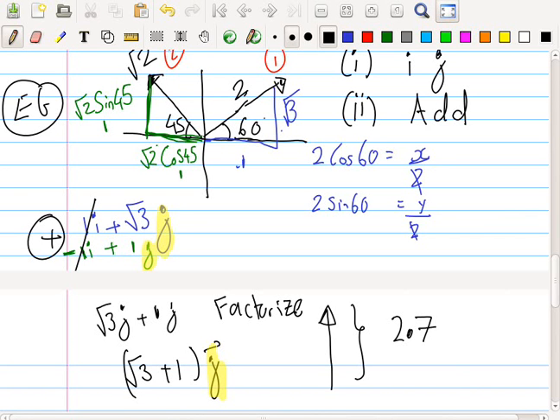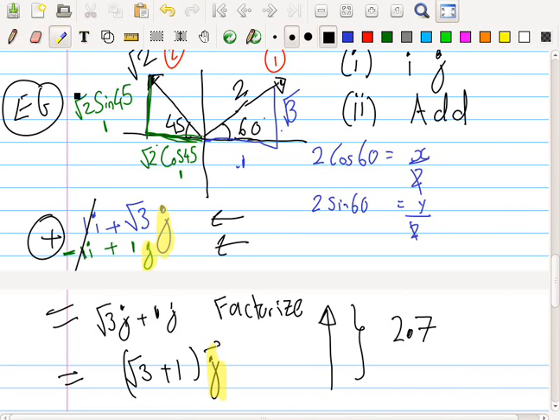Where do you get this root 3 from? It's in the graph, you see, in the blue. I did this first. I put the answers here and here, and then I add them together to give me this one. And then you see there's a j here and here. I can take it out, and it gives me this one.